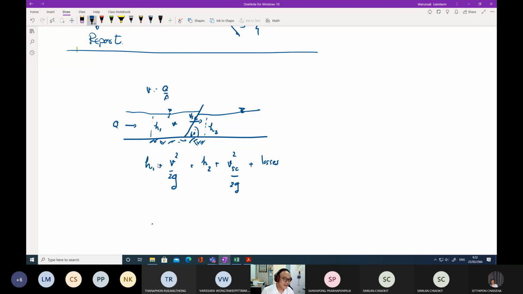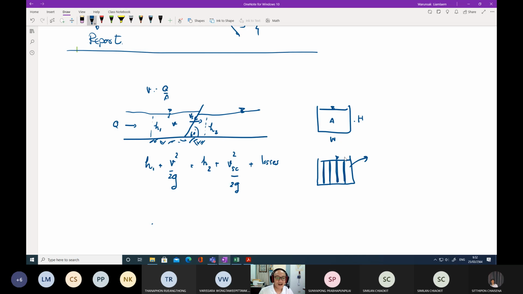Even if the screen is clear, with no trash accumulated at the front, there will definitely be an initial loss. Just imagine, before entering the screen, the area is given as A, which is equal to W times H. But at the position where we install the screens, some area is lost as we put the bars here.